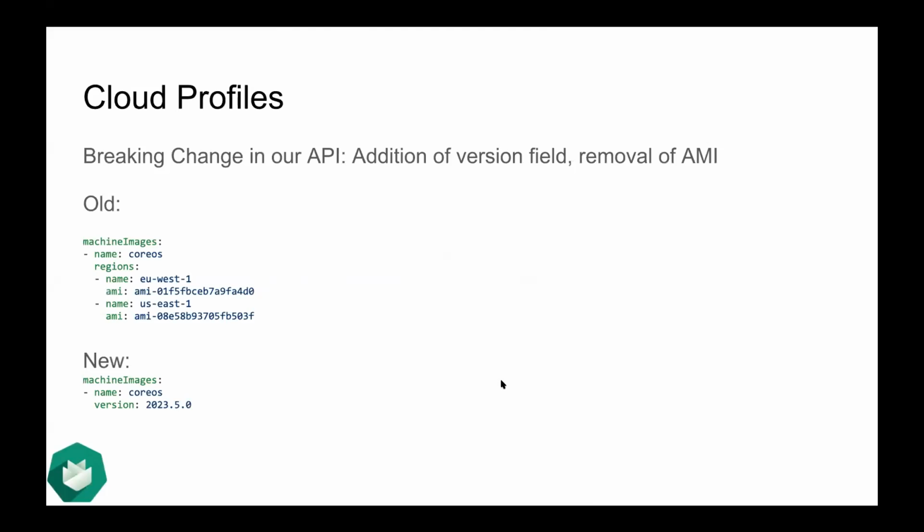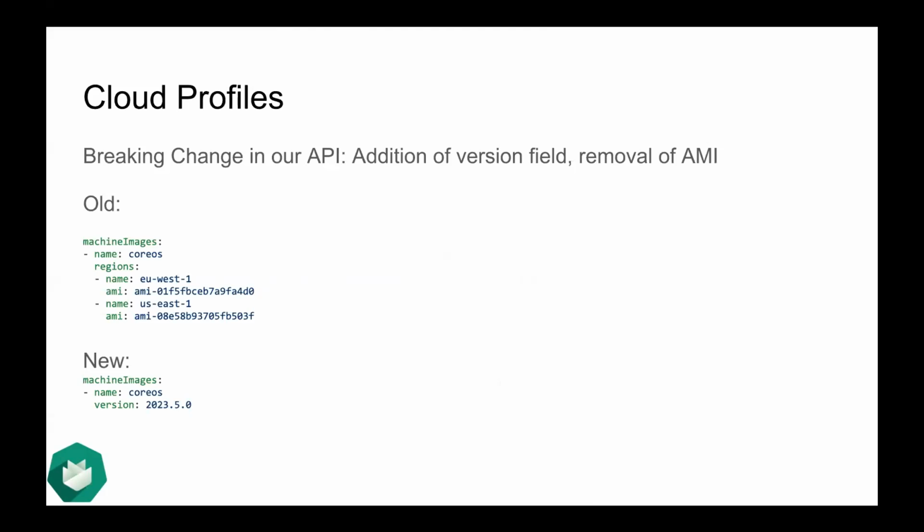Okay, last but not least, what I hinted at is we're also having a breaking change in the Cloud Profile API. I think we also notified some of our stakeholders already. As you can see here, the configuration is different from this old API where you define a mapping between machine image type and AMI per region.